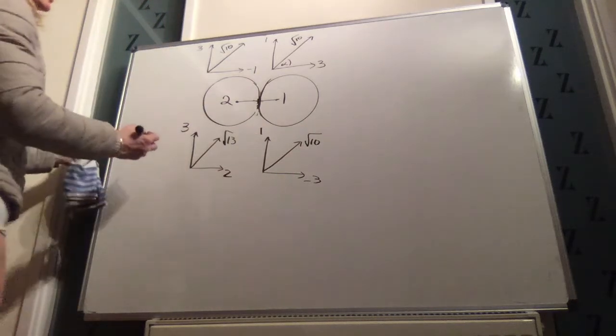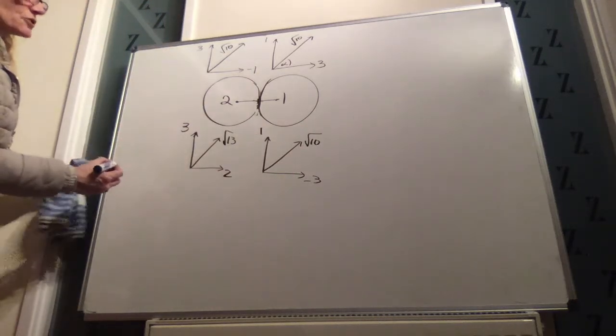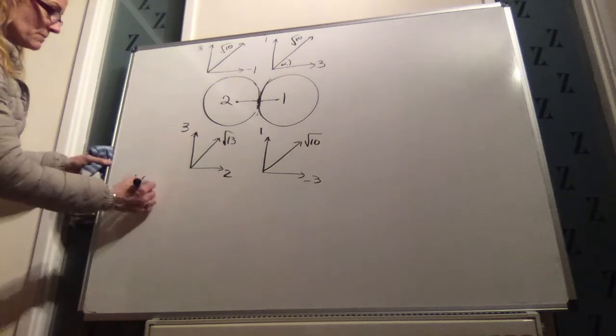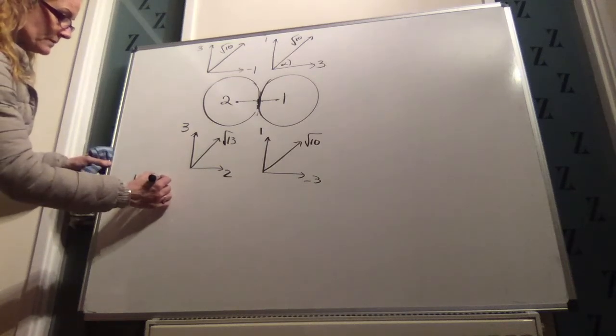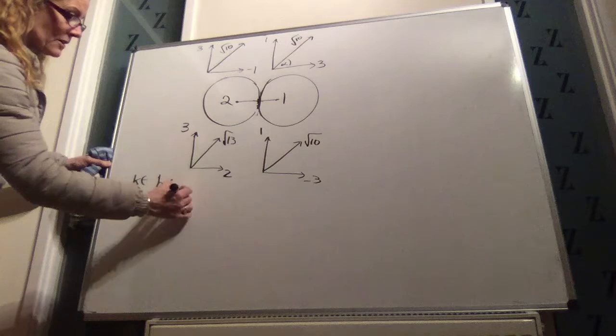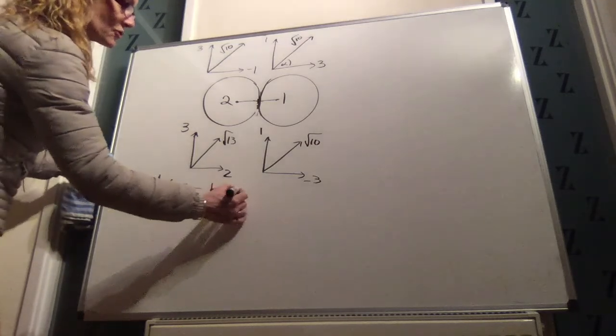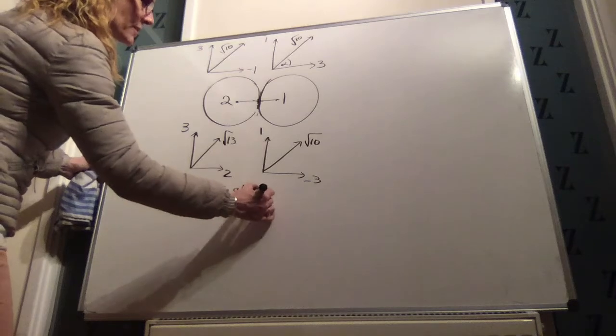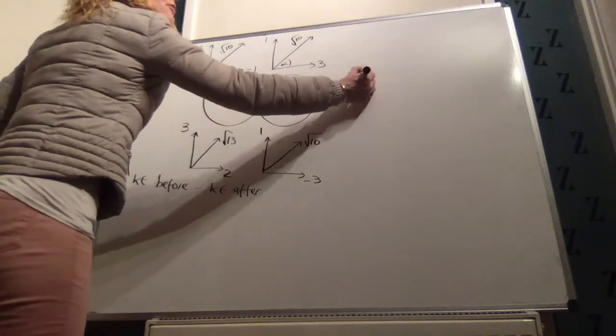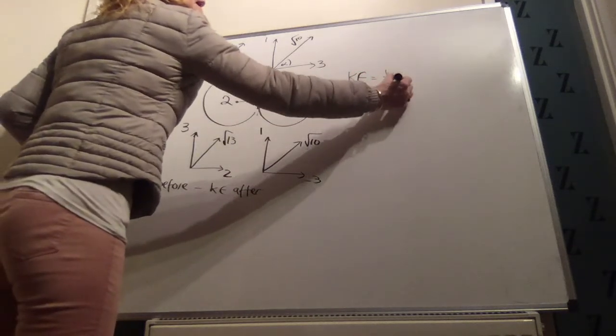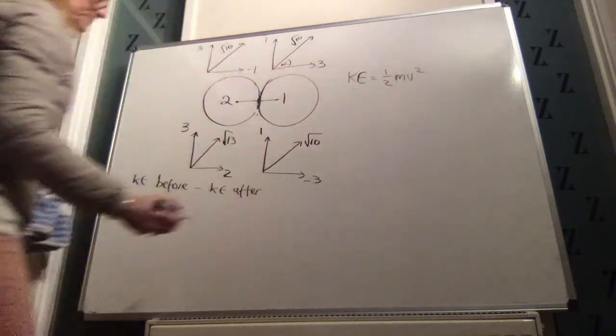So to look at the change in kinetic energy, you need to look at the kinetic energy before. The loss in kinetic energy will be the kinetic energy before minus the kinetic energy after. Remember that the formula for kinetic energy is a half mv squared.